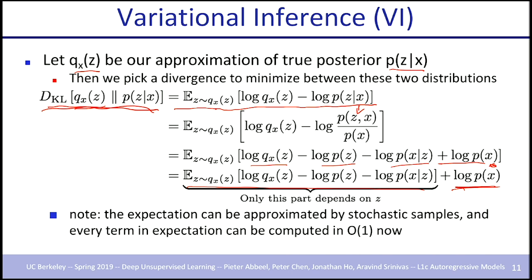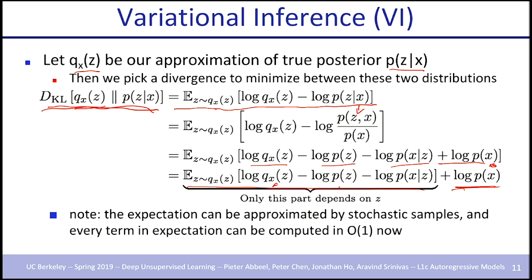So I can draw samples Z from Q, and then I can just use an empirical average to approximate the terms inside this expectation. And if we look into the expectation, Q of Z can be computed in O of 1 time. That's just the approximate distribution that you choose. Let's just call it a bunch of factorized Bernoulli distributions.